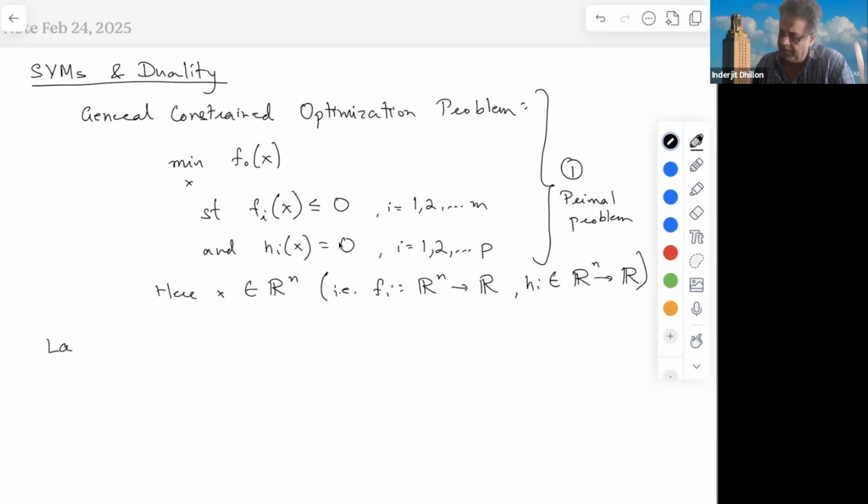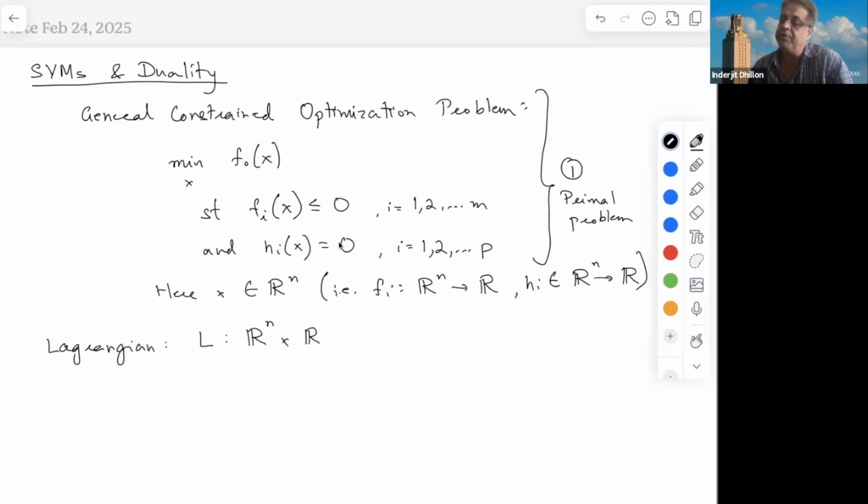We said that we can form something called the Lagrangian, a function L that takes the primal variable from R^n, but also adds other variables, the dual variables, which correspond to Lagrange multipliers.